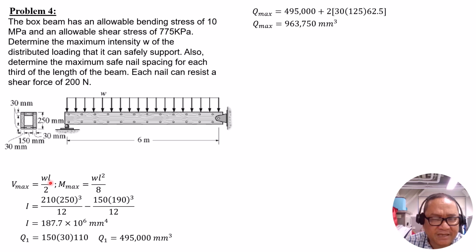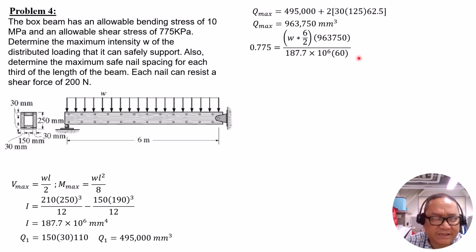So based on shear, the allowable shear stress is 0.775 megapascals, assuming W is in newtons per meter. The length is 6, so V is WL over 2, in newtons. Then VQ over It, with Qmax 963,750 over the moment of inertia.